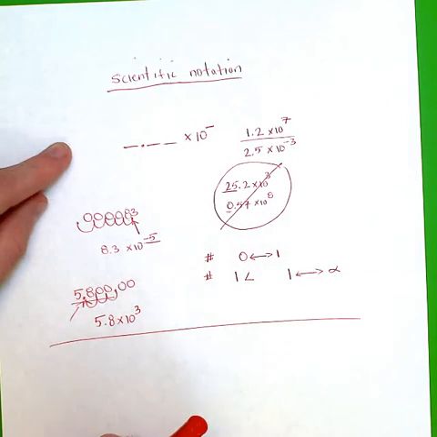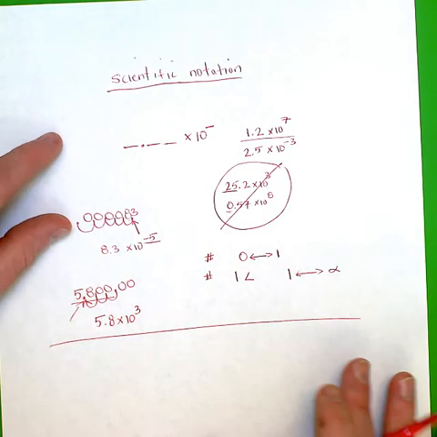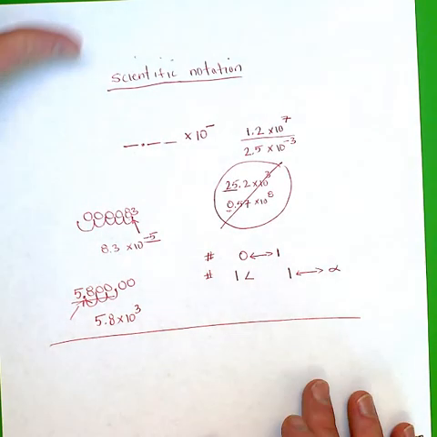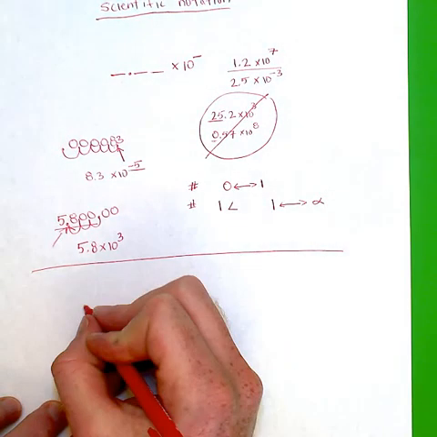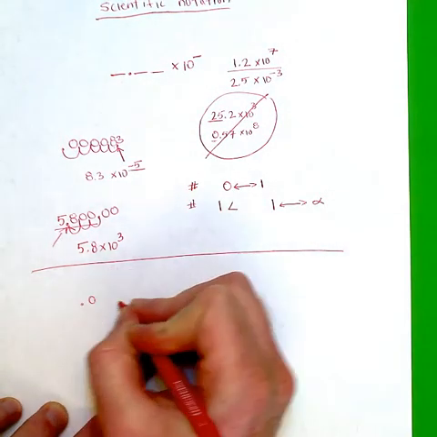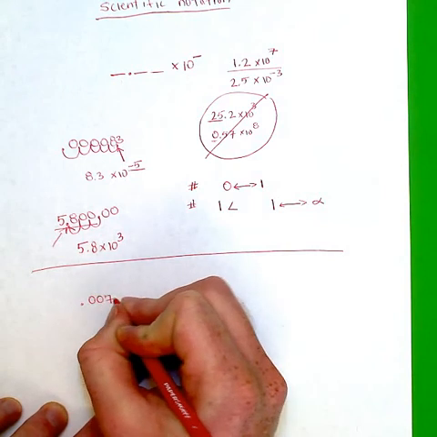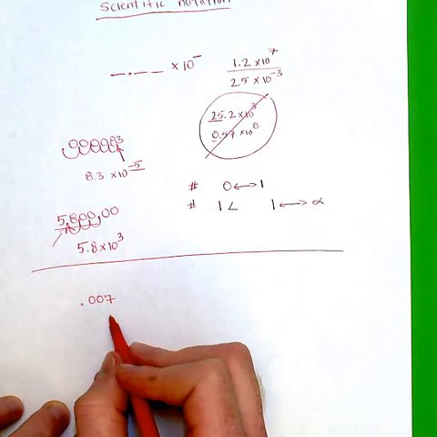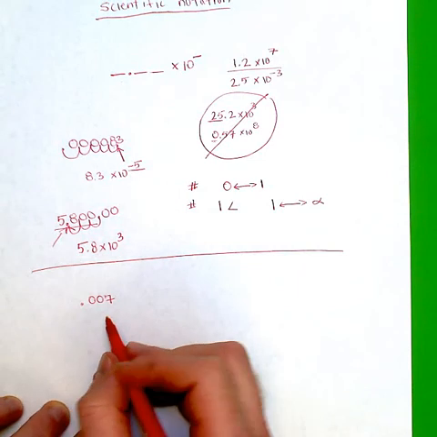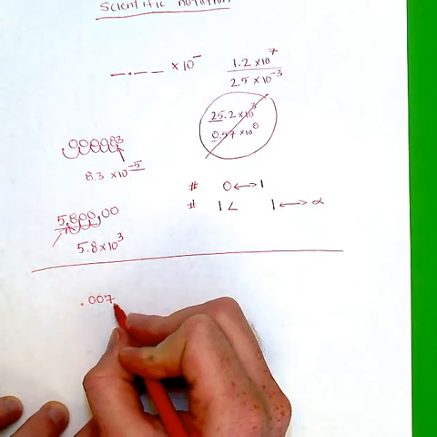Okay? And so let's do a couple more examples here. Just follow along and make some room. Let's say our number is 0.007. Okay? And we want to express this as scientific notation. And so we want our decimal point with one number to the left.